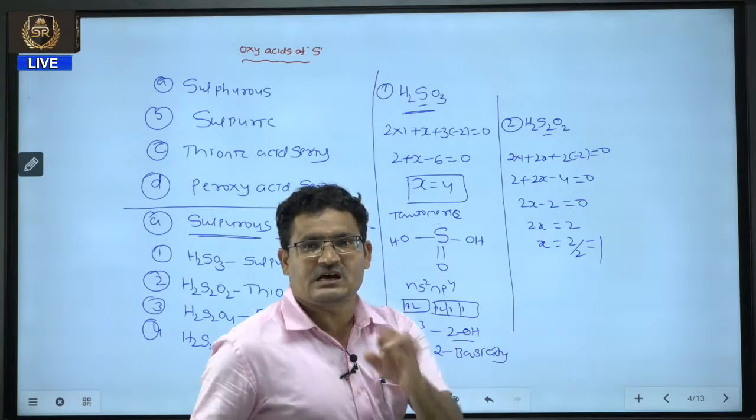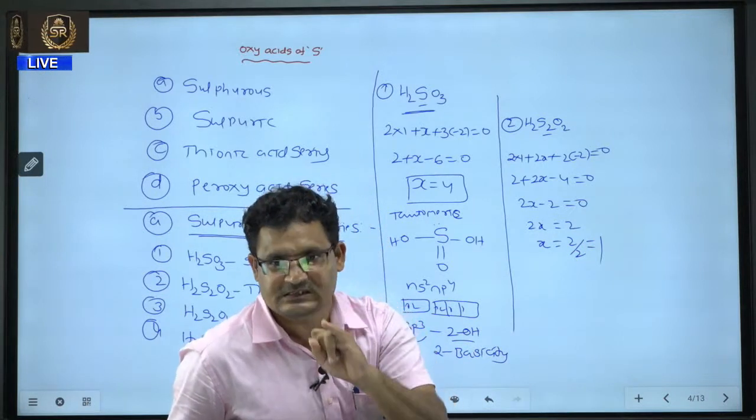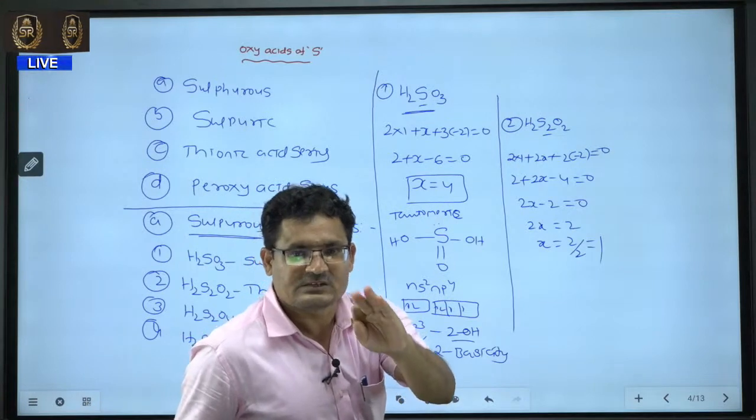Sulfur oxidation states are minus 2, plus 2, plus 4, plus 6.